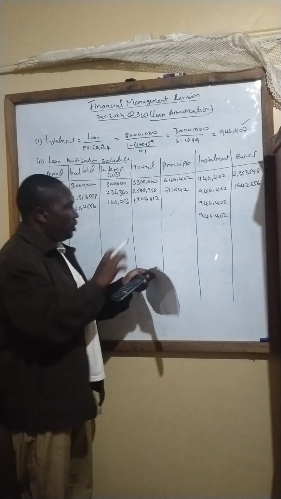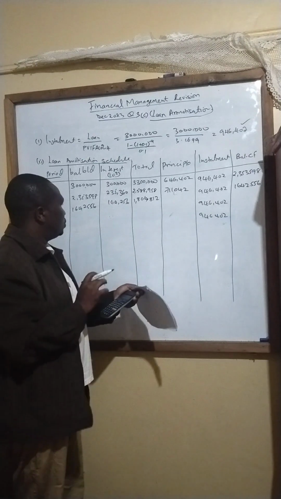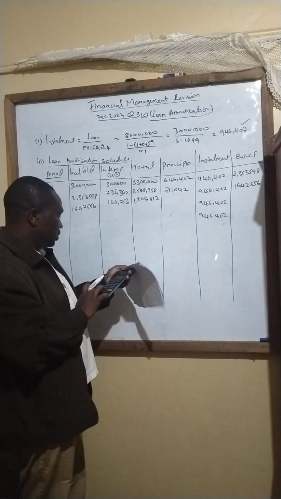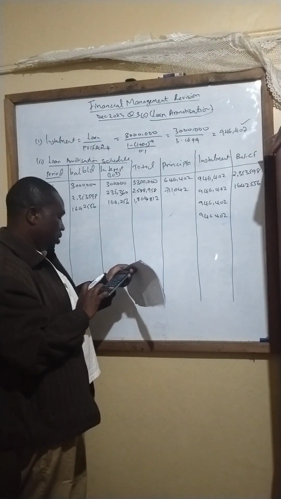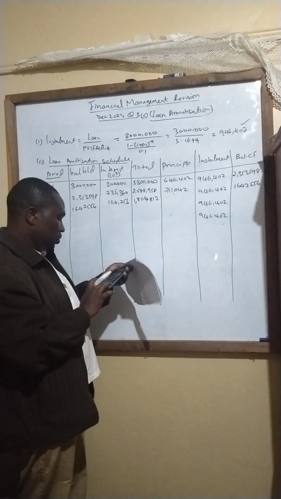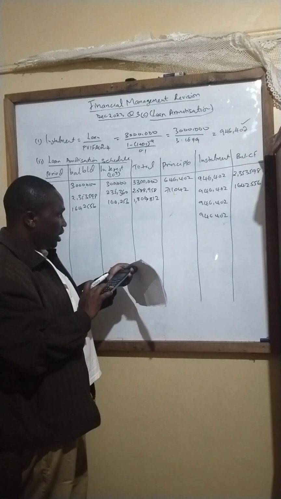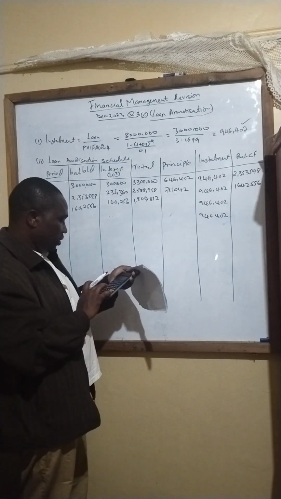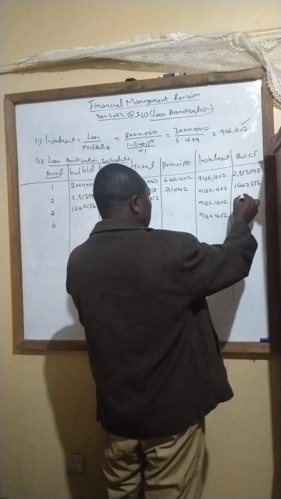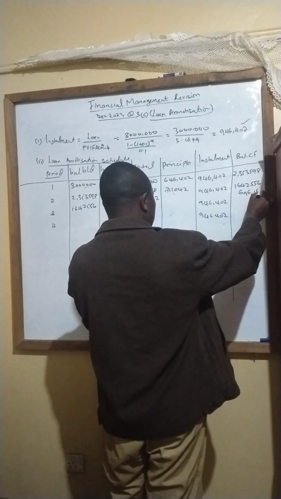Like that. Now for you to get the principal there, you take this minus this. So 1,642,556 minus 946,402. So your answer here is 696,154.